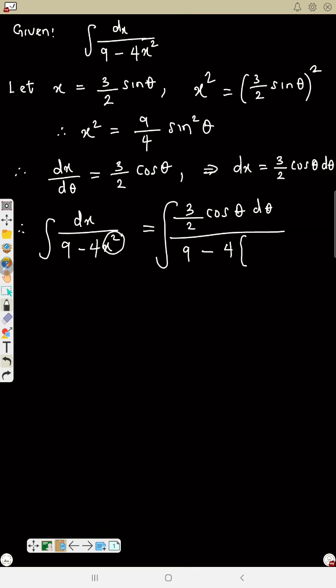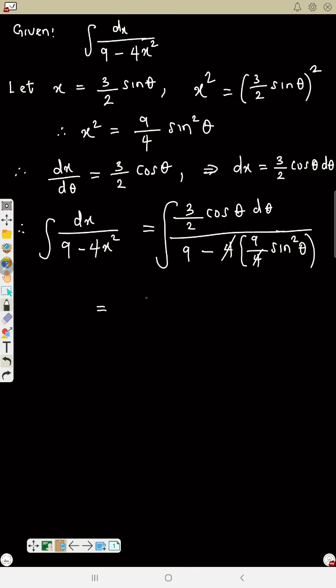Now instead of writing x squared, what is x squared? We see that x squared is 9 over 4 sine squared theta. So that means this will be 9 over 4 sine squared theta. Now as we can see from here, 4 will cancel out 4.